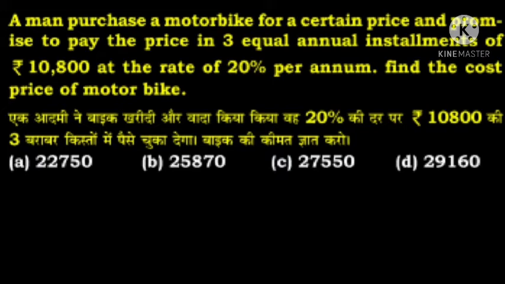So a man purchased a motorbike for a certain price and promised to pay the price in 3 equal annual installments of 10,800 at the rate of 20% per annum. Find the price of the motorbike.